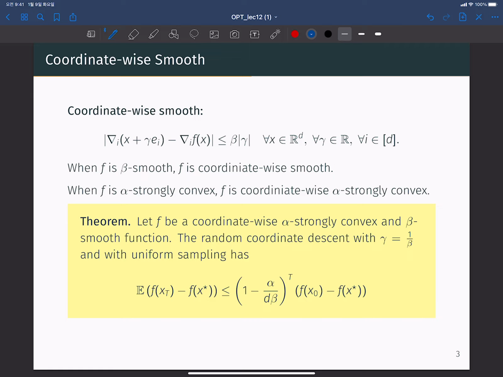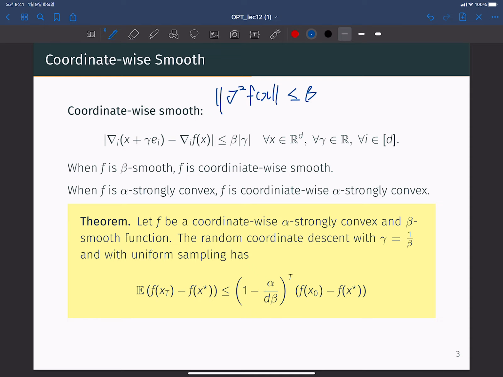Basically, beta smoothness means, if we can define the Hessian of your objective function at every point, with second derivative elements along every axis, then beta smoothness means the norm of the Hessian is always upper bounded by beta. That is the beta smoothness definition.